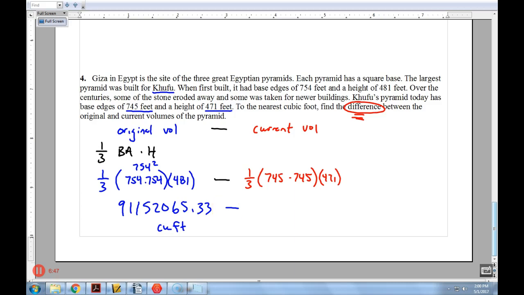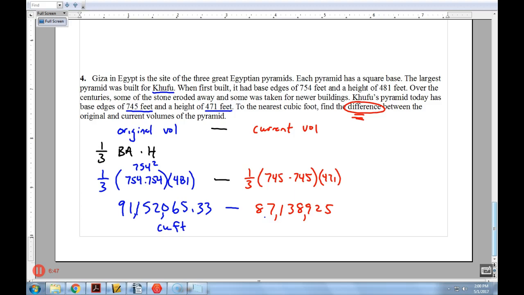Now nowadays it's 1 divided by 3 times 745 squared times 471, and that's 87138.925. So we're looking at millions. These are millions of cubic feet. So just ballparking, looks like 91 million minus 87 million. It's going to be somewhere around 4 million.